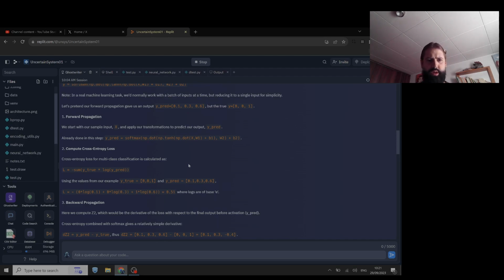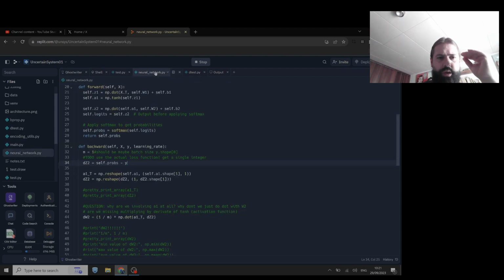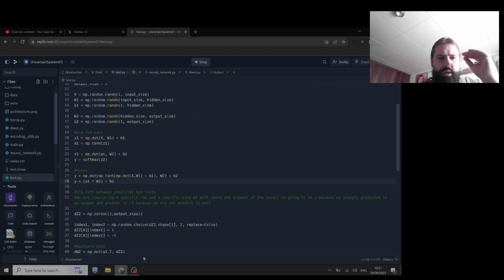What's bothering me here is I don't see where the loss function is, right? Again, we're doing the derivative of the loss function, right? With respect to, and the loss function is going to have these y, right?